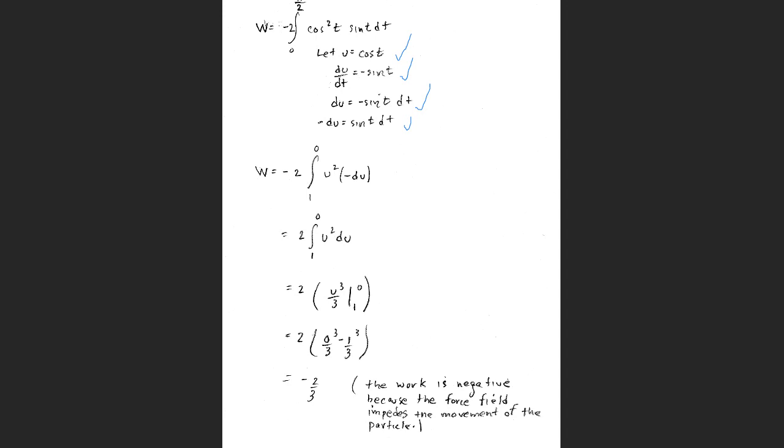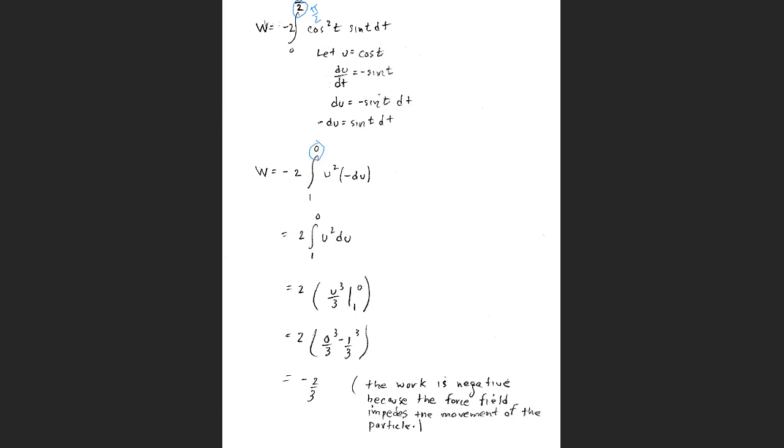And the limits now get changed, right? You have an integral with respect to t. It's got to become an integral with respect to u. So the top limit here is pi over 2, right?